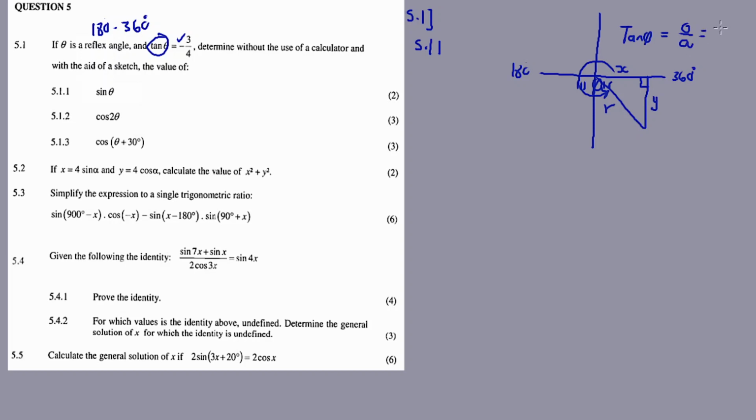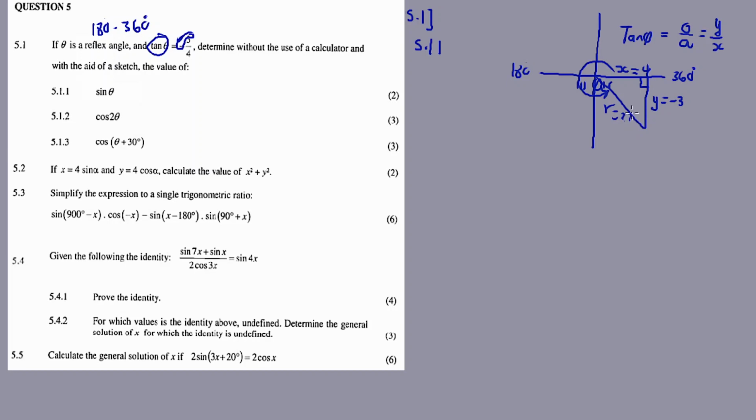So using this triangle we can see that tan theta is y over x, meaning that -3 is the y and 4 is the x. Why is y negative? Because the y value in the fourth quadrant is negative. So here we have 4, we also have -3.